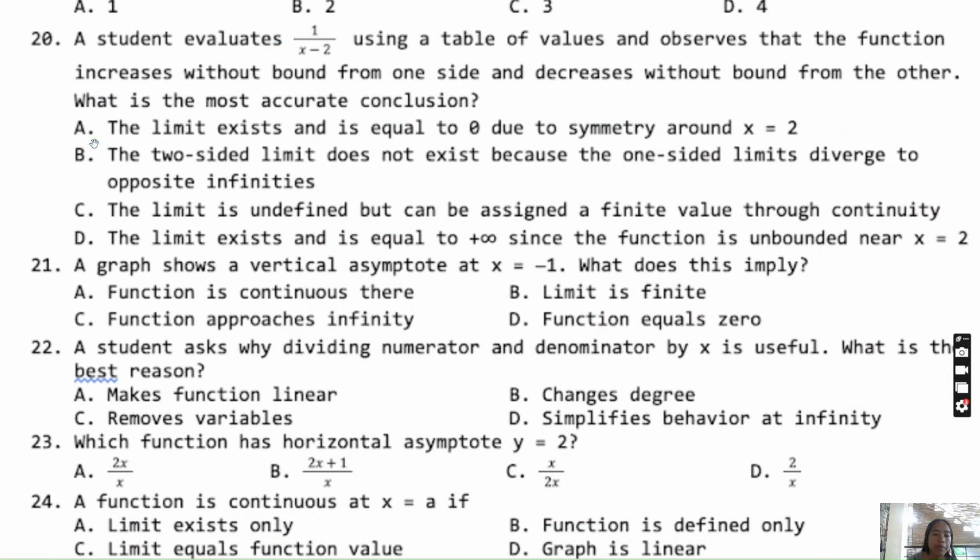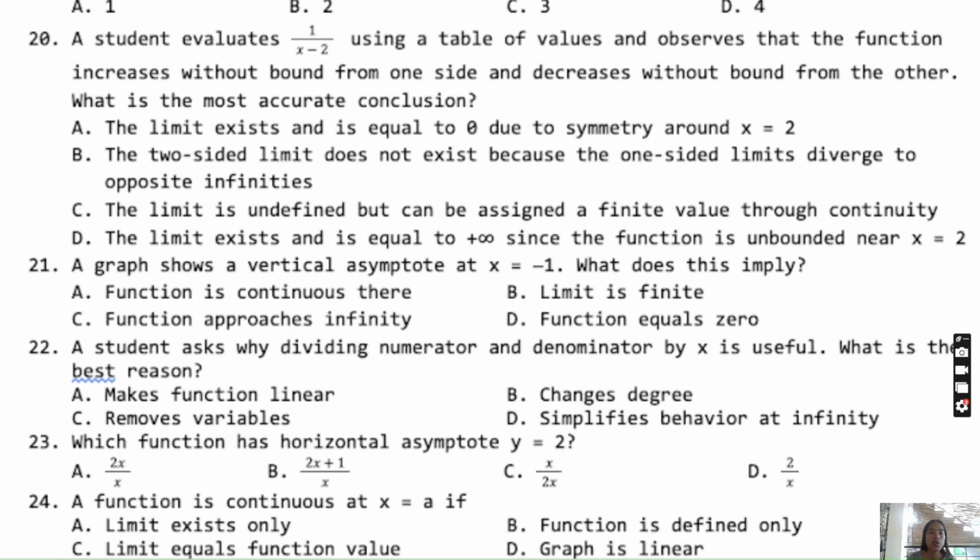So number 20, a student evaluates 1 over x minus 2 using a table of values and observes that the function increases without bound from one side and decreases without bound from the other side. What is the most accurate conclusion?